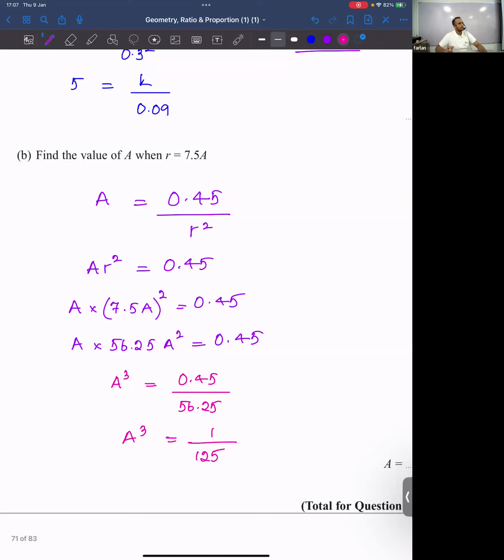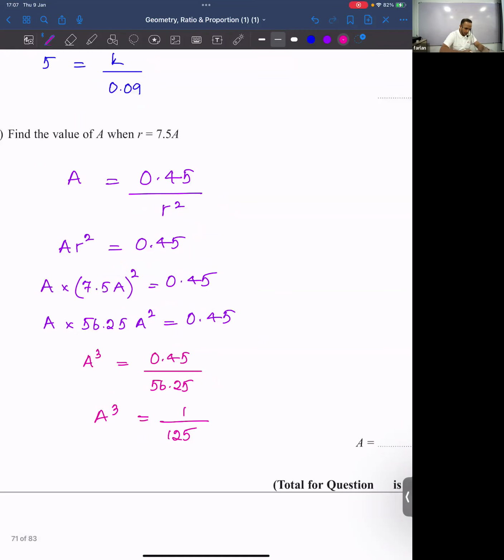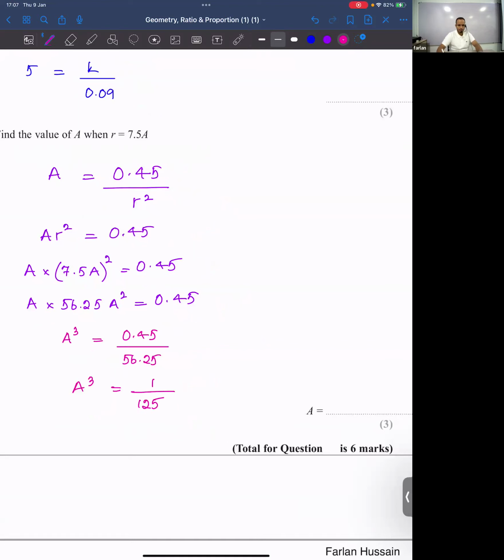So A cube equals 1 over 125 means A equals the cube root of 1 over 125, that will be A equals 0.2 in decimal.